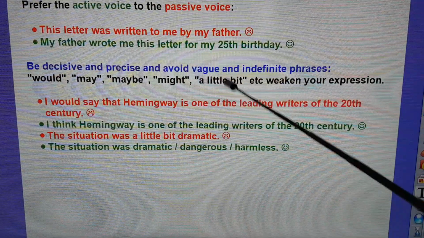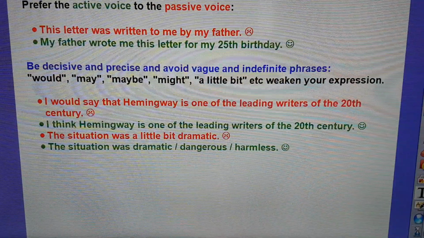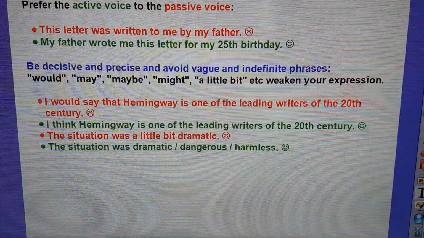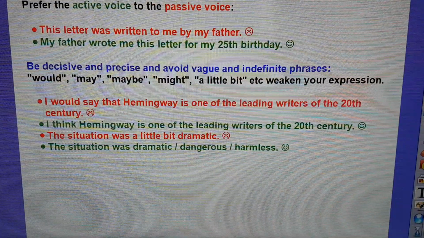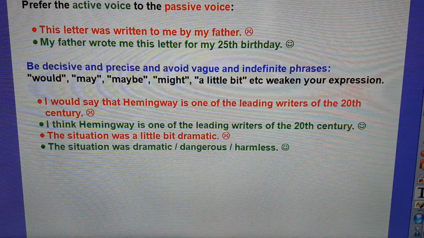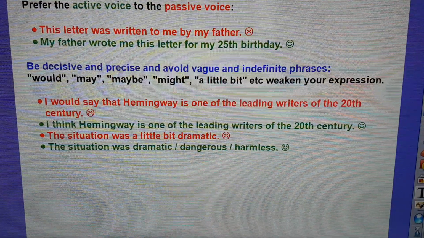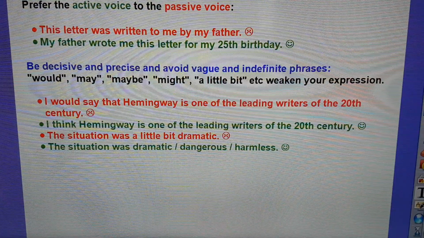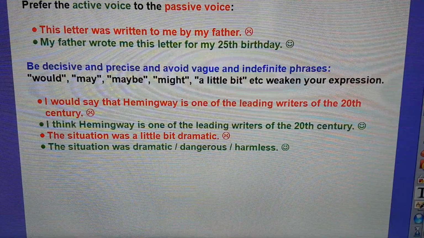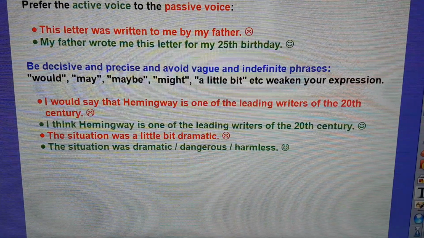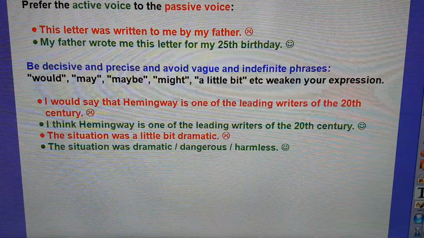And something that we Germans love doing is we love to use would, may, maybe, maybe not, might, a little bit, eigentlich, irgendwie.